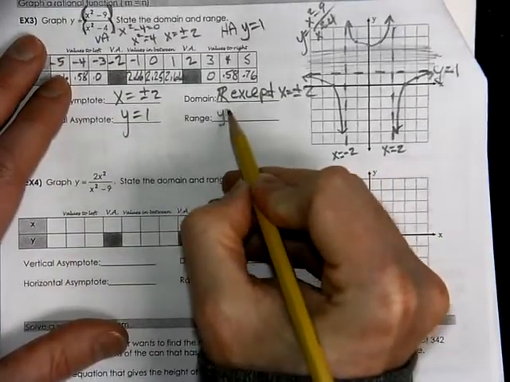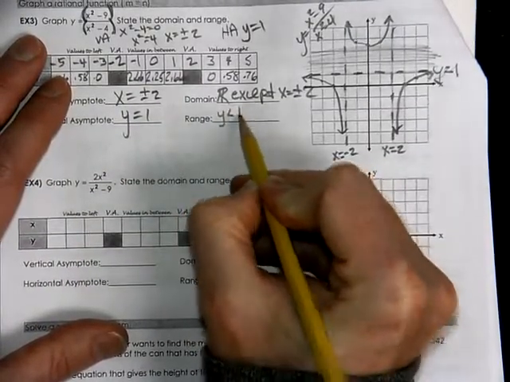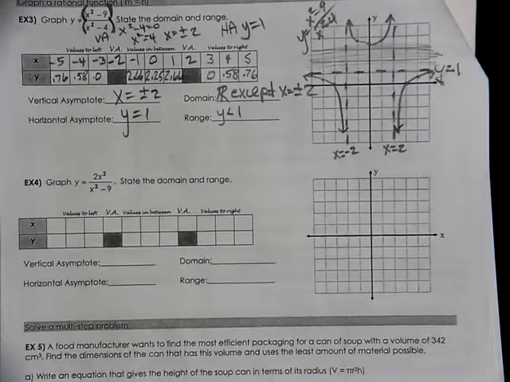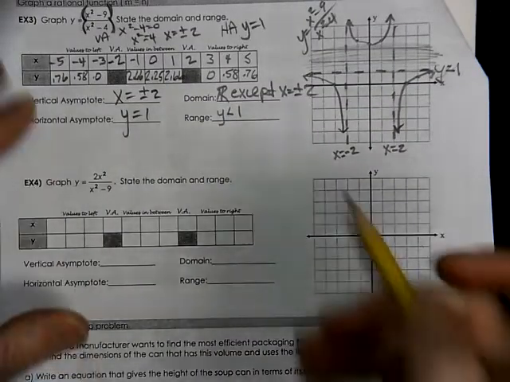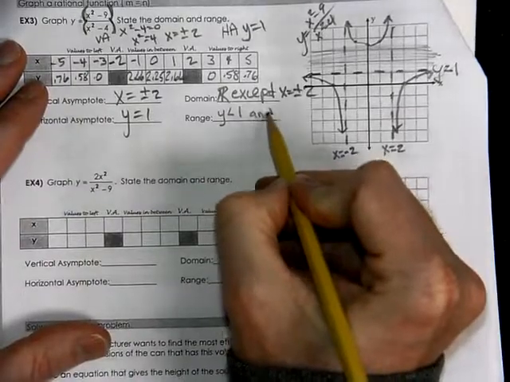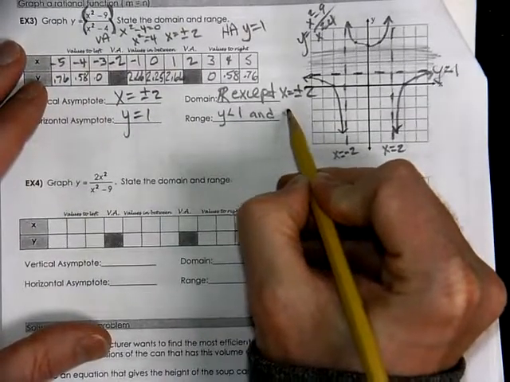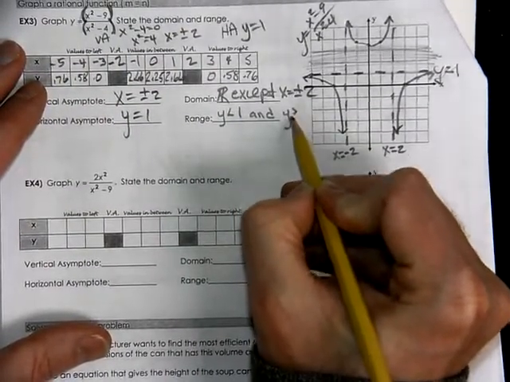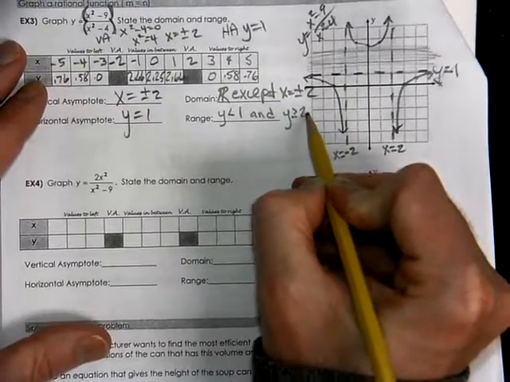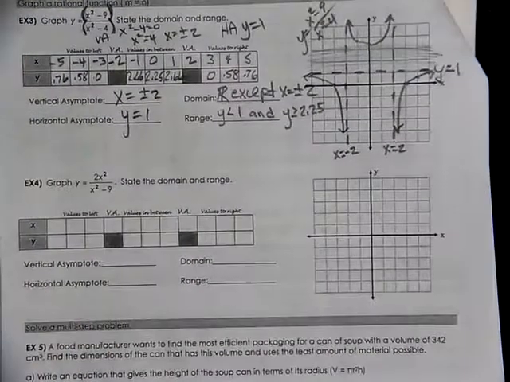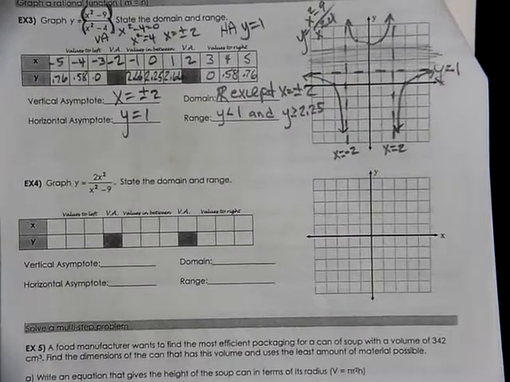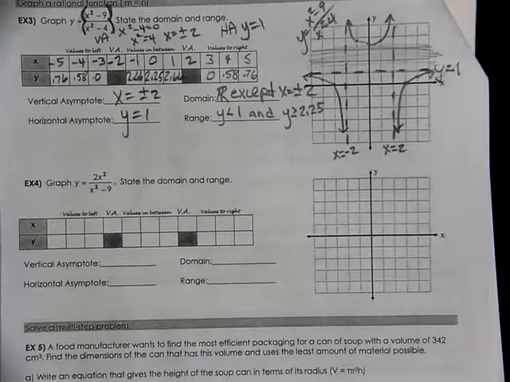So we've got y is less than 1 and y is greater than or equal to 2.25. So that is your range. Those are the answers that we're getting.